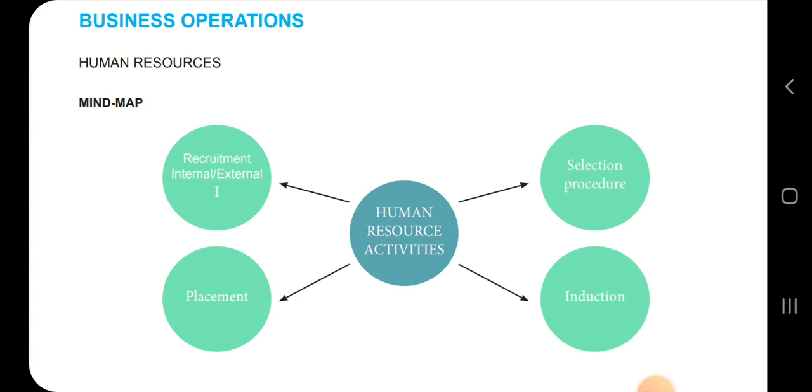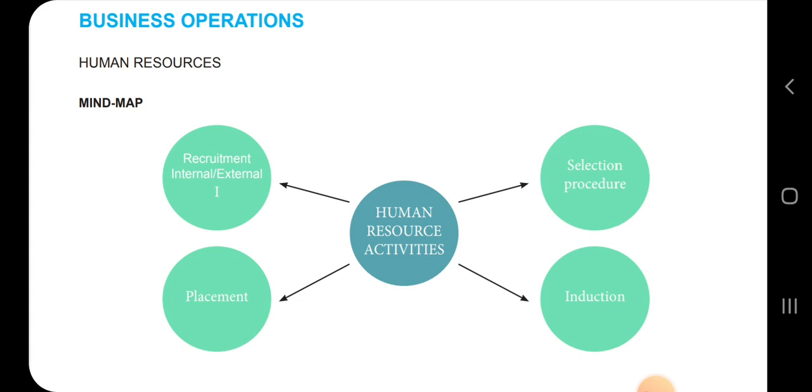So this is a mind map of what you have to know with regards to human resource activities. You need to know the selection process, how the human resource department selects candidates who will be able to perform a certain job.